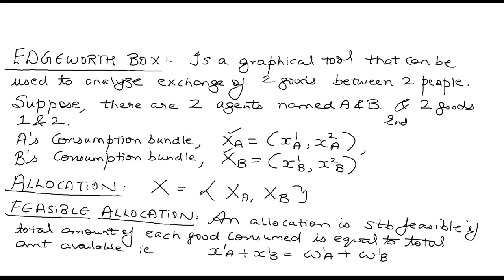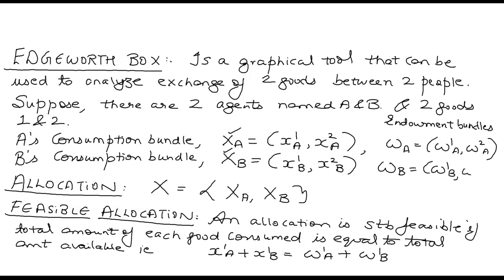These are my endowment bundles. Now agent A's endowment bundle is omega 1A and omega 2A, and agent B's endowment bundle is omega 1B and omega 2B.